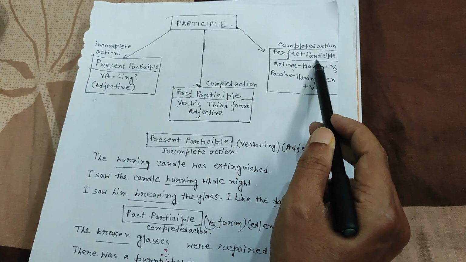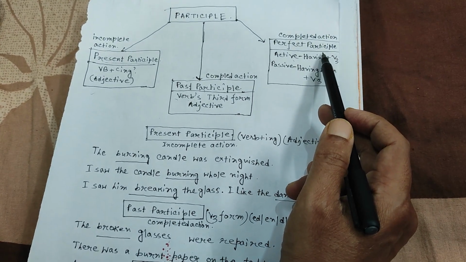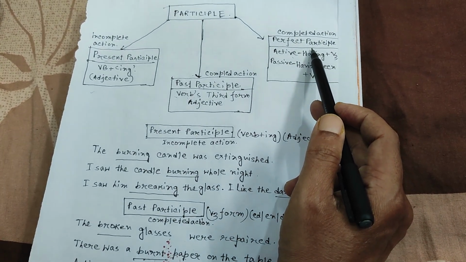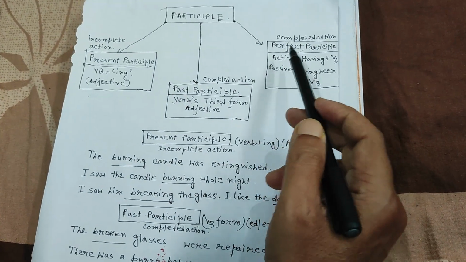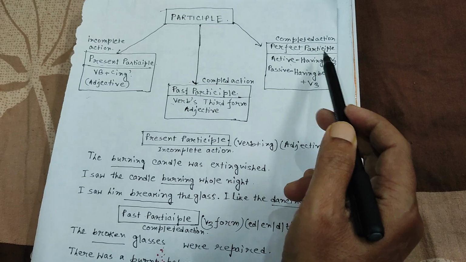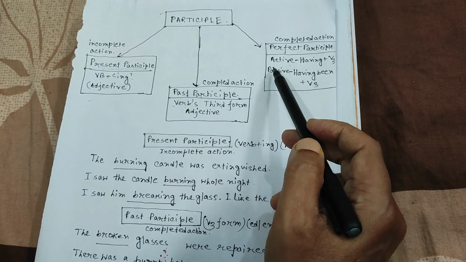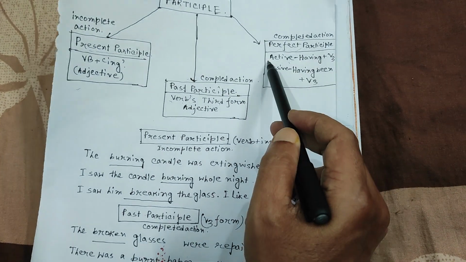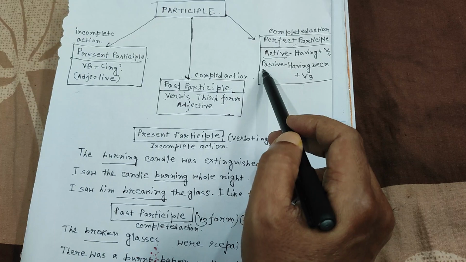And perfect participle. What about perfect participle? Perfect participle is the participle in perfect tense. This can be very confusing. Participle in perfect tense is called perfect participle. Now, these are of two forms: perfect participle in active form and perfect participle in passive form.